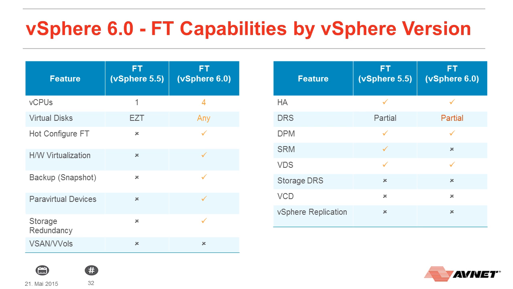And then one of the other really critical things here is if you look at the side-by-side comparison of fault-tolerant capabilities, the second line here where it says virtual disks, we used to only support those thick provisioned eager zeroed virtual machine disks, so it was very high consumption.